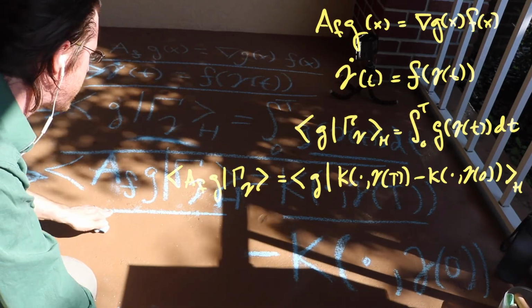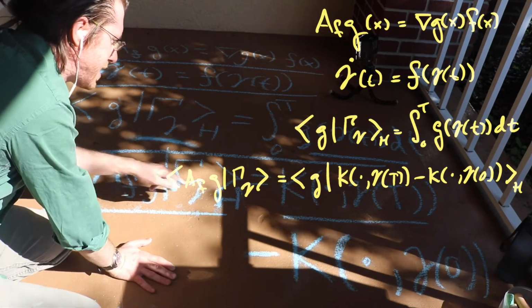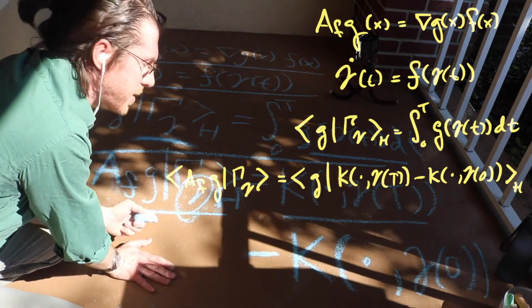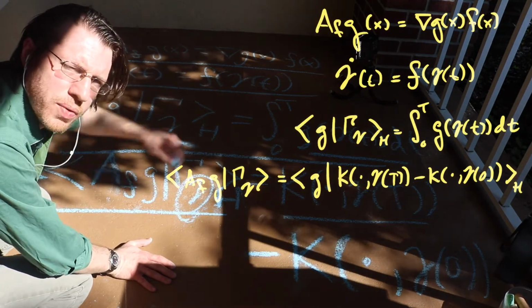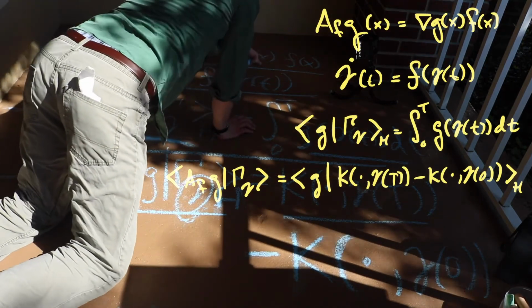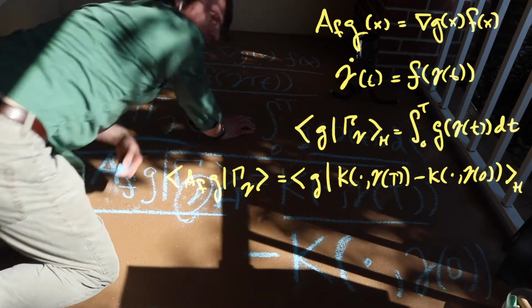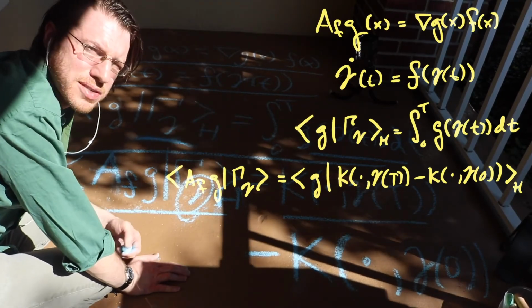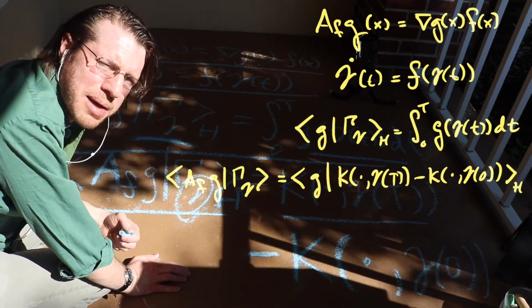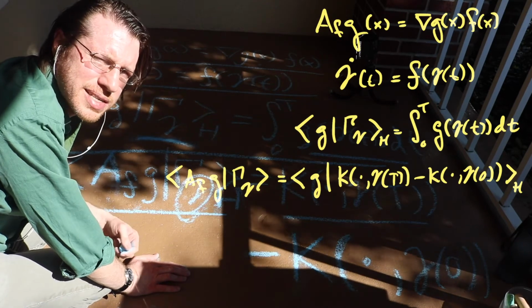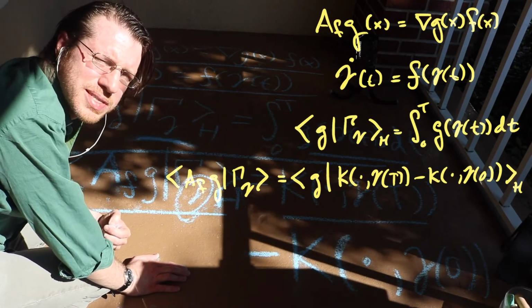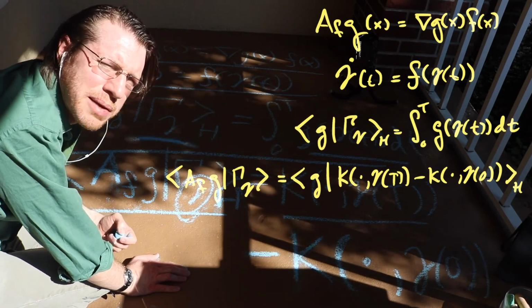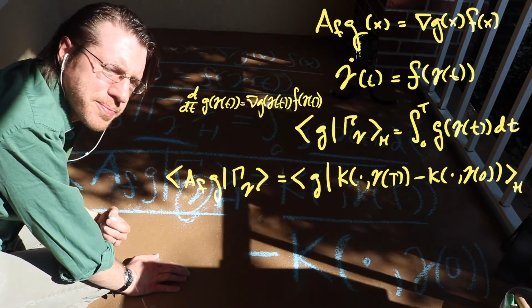And why does this end up working? Well, if this is a trajectory for the dynamical system, then if you take a look all the way up here at the top, if I put in the trajectory γ of t for x, that is basically the chain rule happening up there. And so A_f g composed with γ sub t is really just the time derivative of g composed with γ.